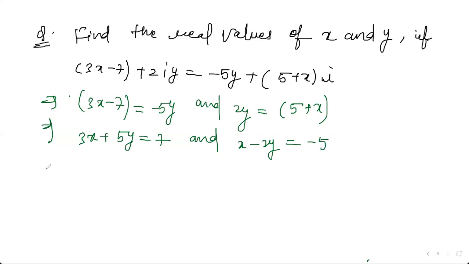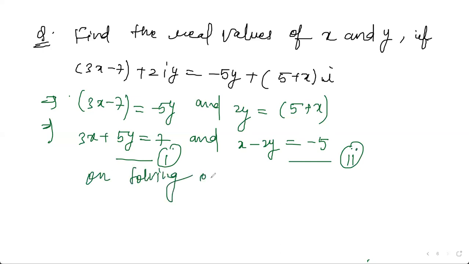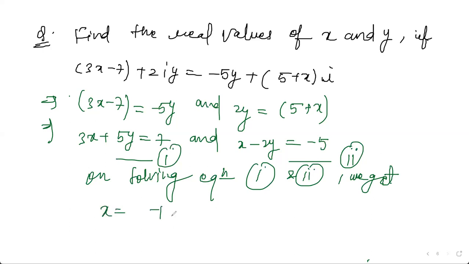Taking this as equation 1 and this as equation 2, on solving equations 1 and 2, we get x equal to minus 1 and y equal to 2. Hope you are able to understand what I did.